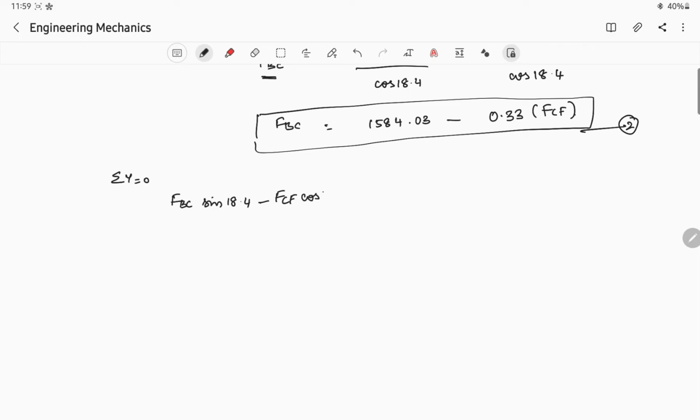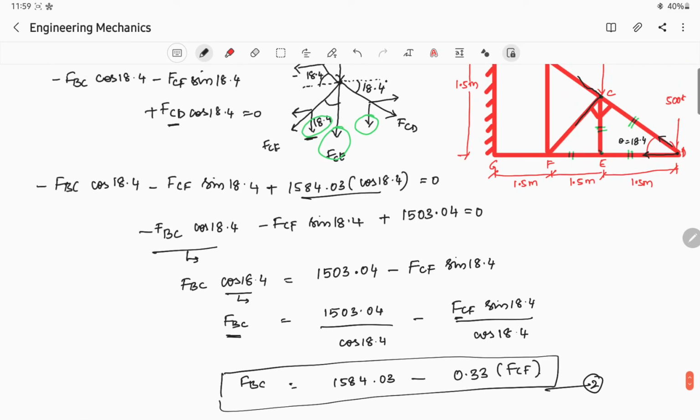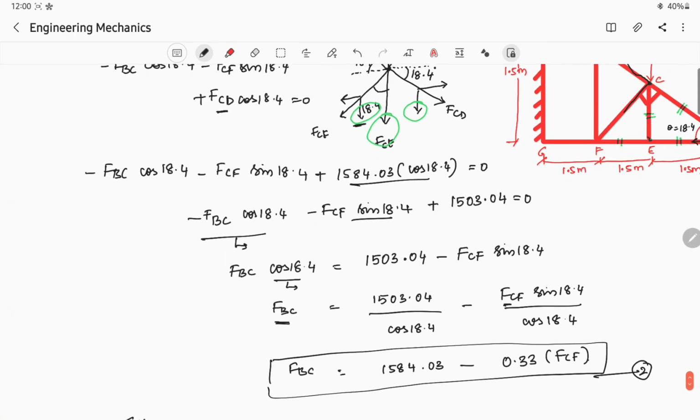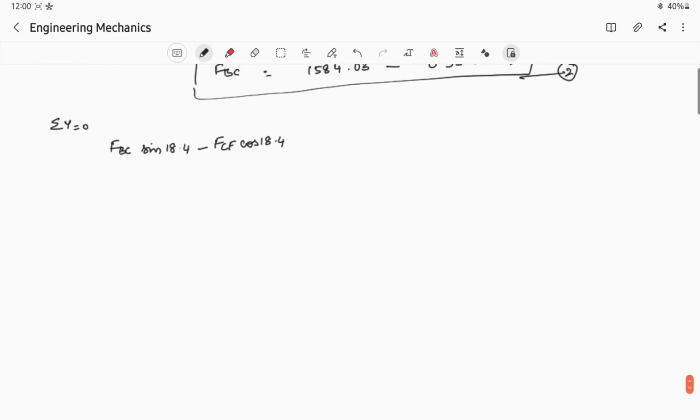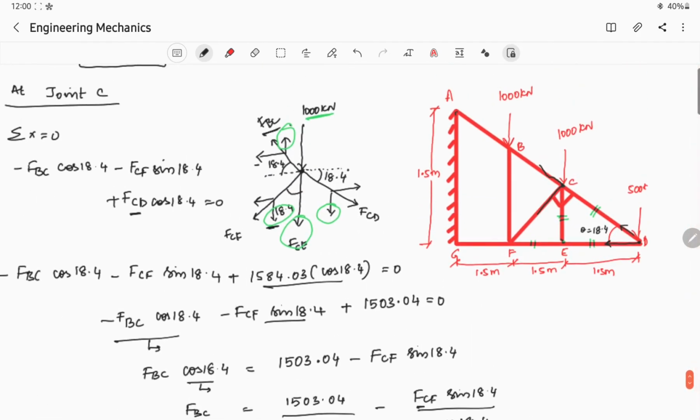Why cos? Because the force is making an angle of 18.4 with y axis. That is why y component will be cos and x component will be sin. That is what we have taken here, right? Then minus FCE, it is going in downward direction directly. Sorry, minus FCE.